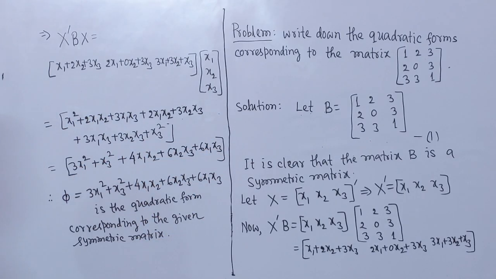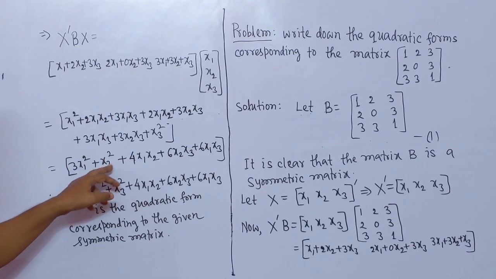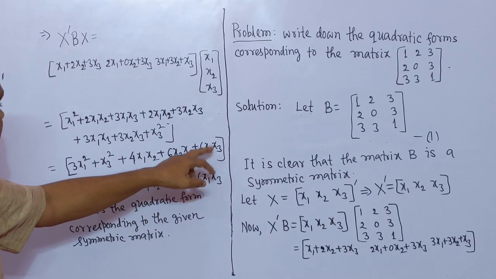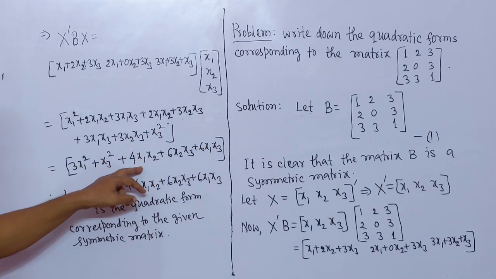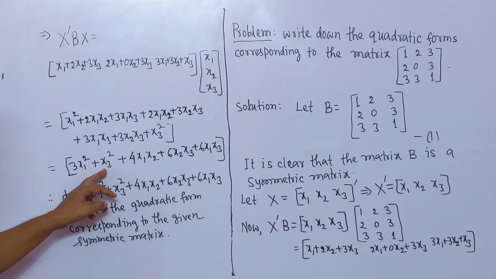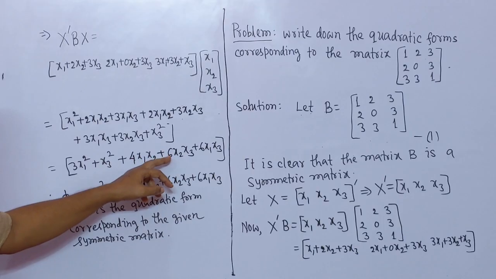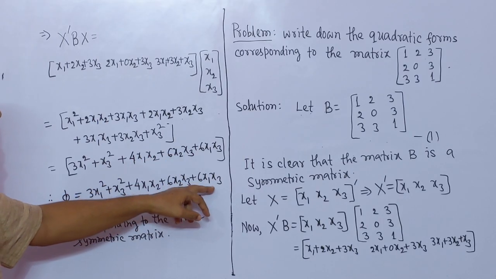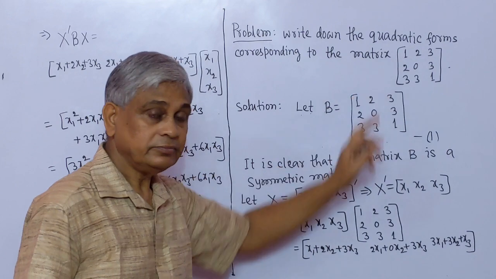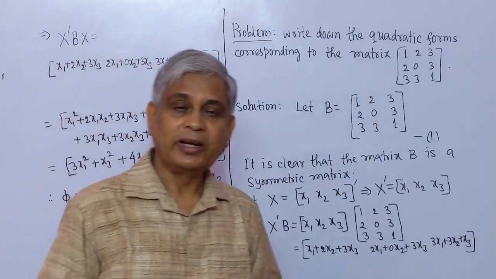And we get 3x1 square plus x3 square plus 4x1 x2 plus 6x2 x3 plus 6x1 x3. Our quadratic form phi equal to this is the quadratic form corresponding to the given symmetric matrix. So our problem is solved.